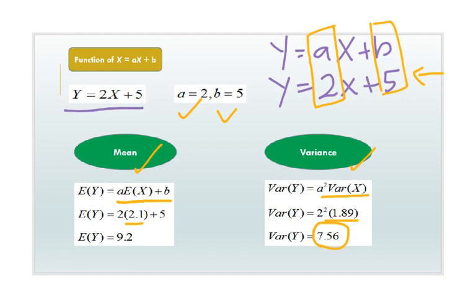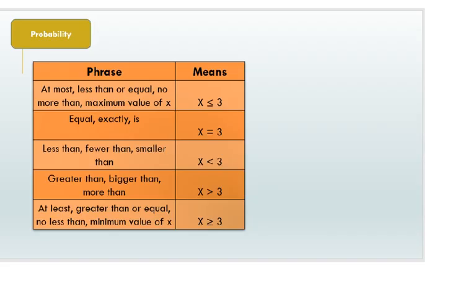So we move on to the last property, which is how to calculate probability for a probability distribution. Whenever we are calculating the value of probability for a probability distribution, or discrete variable, you need to look out for the symbol or the phrases for the probability that we want.